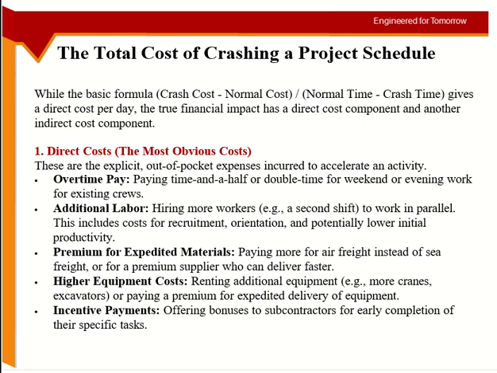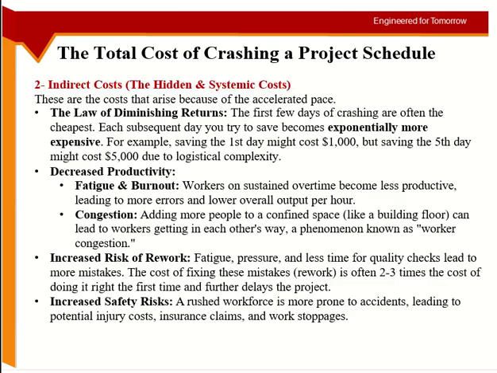Now it is his or her headache how he does the job quicker, but the incentive you give is indirect cost. You cannot say that this is because of this activity, or because of this many hours of work. So with every direct component there is the indirect component as well.